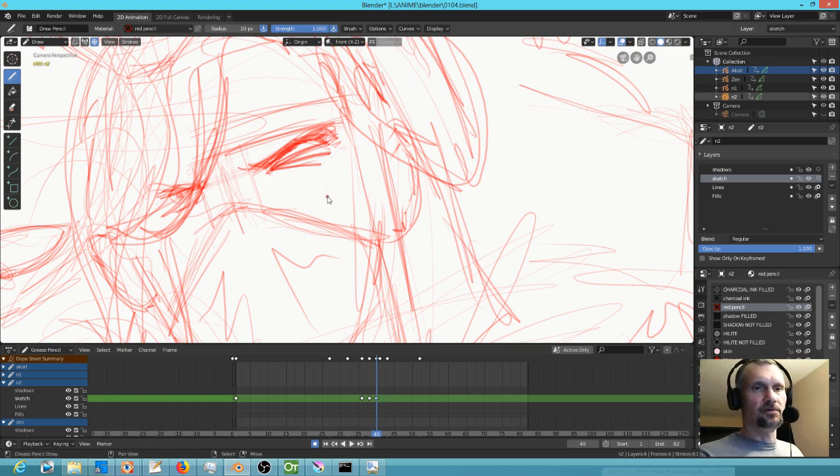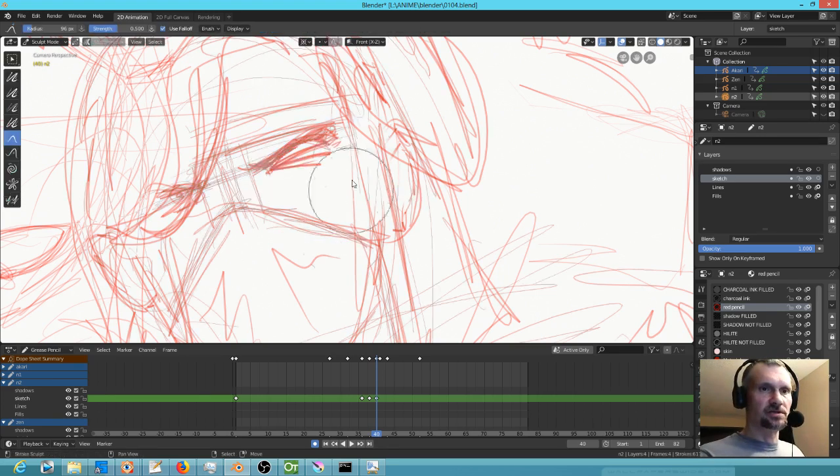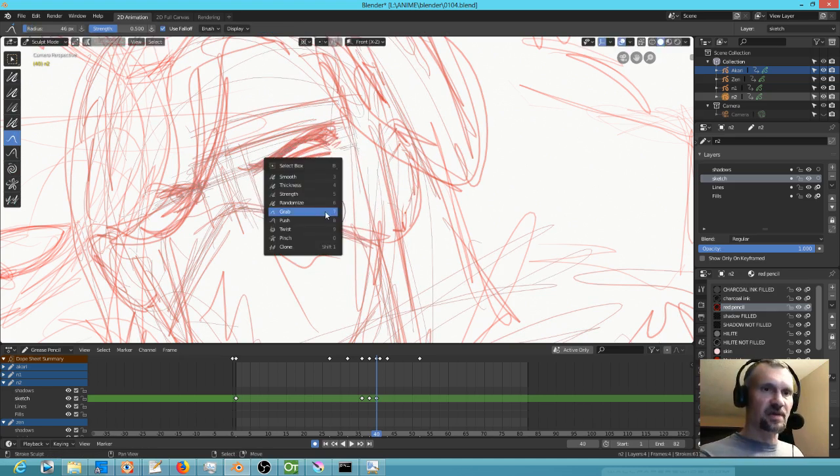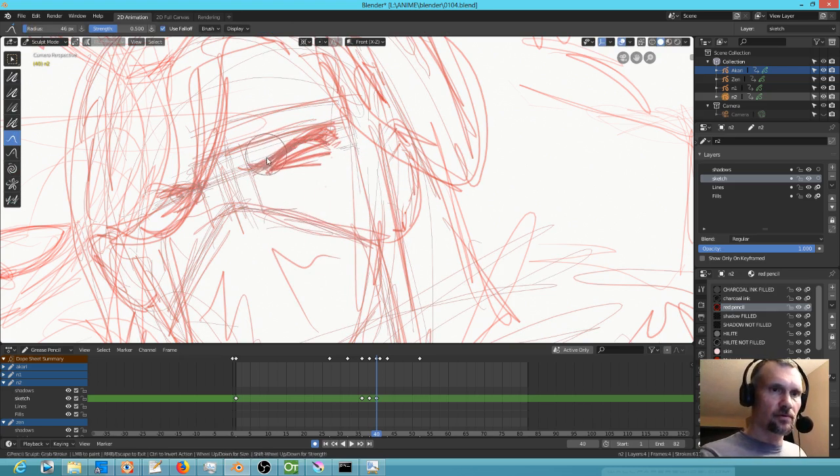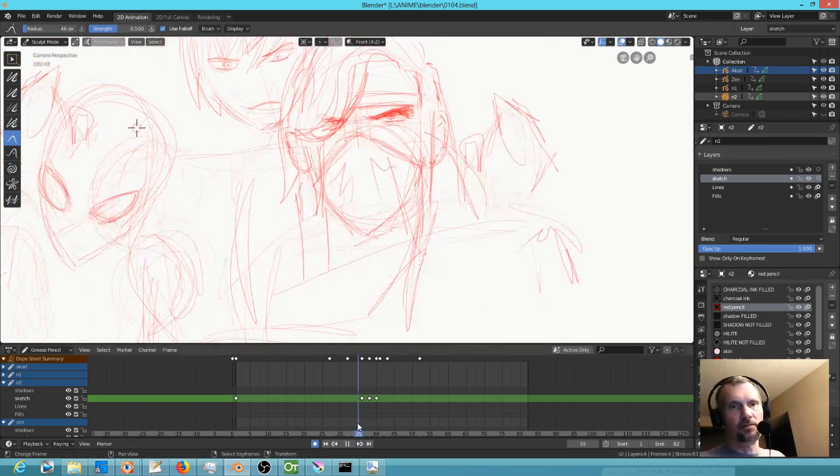And I'm going to go ahead and do a little sculpting just for fun, just because I can. Let's shrink that guy down a little bit, and then shift spacebar, make sure I'm in grab mode. Doesn't have to be perfect because this is just reference for the inking we're going to do later, but boom.